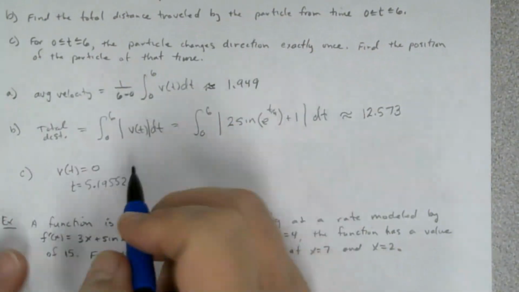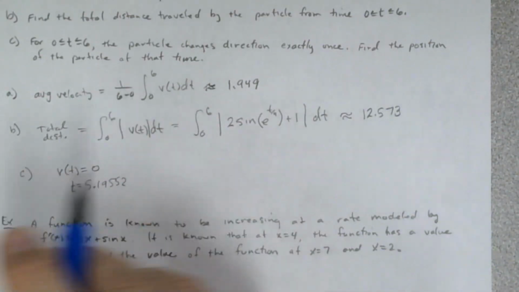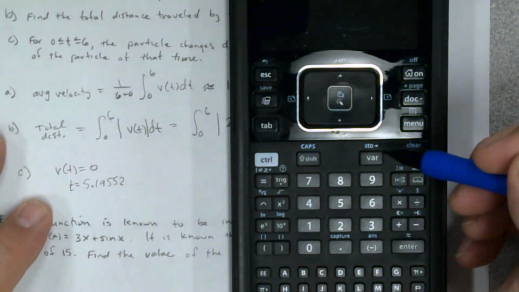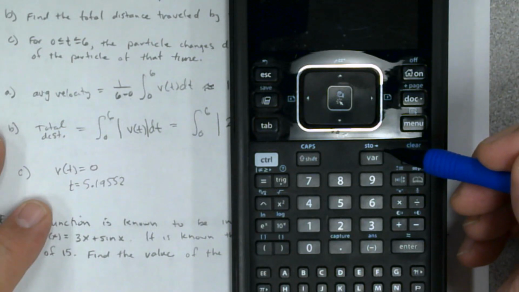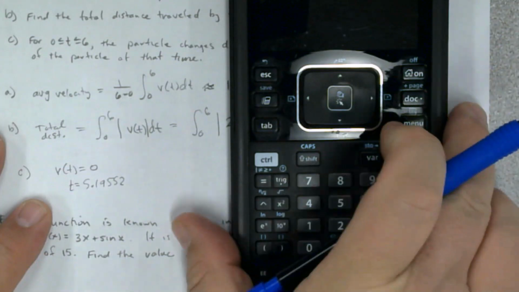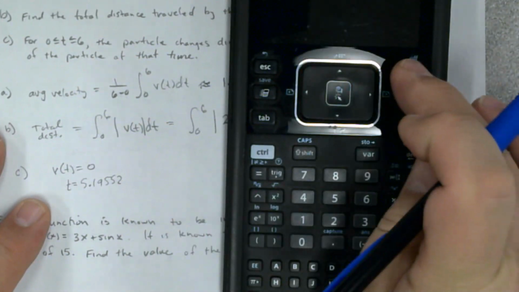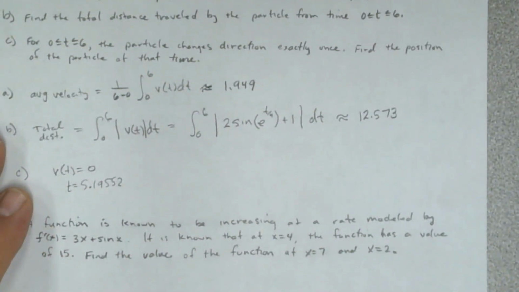Now there's a way to do this where you can take this and store it into a value on the calculator. There is a store feature right here. You can store things as a variable that you can then use in your problem. We will discuss that in more detail in class so that you can see how that is done.